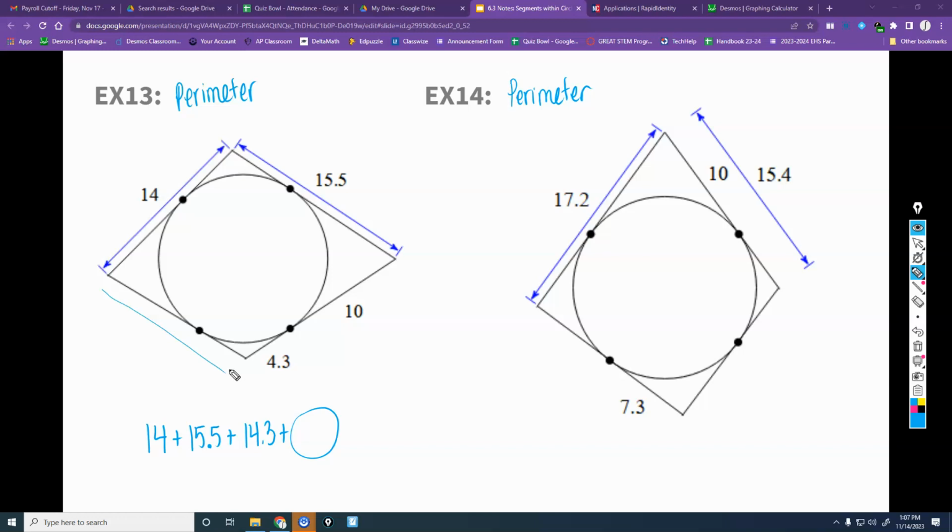So, all of these are tangent, correct? So if I know this little piece right here is 4.3, what's this little piece right here also? 4.3. Now, the problem is they didn't give me this piece. If they gave me that piece, this problem would be even easier because I would just say that's the same as this and add those together and put it here. But they didn't give me that. They did give me this is 10, so that means this is 10.